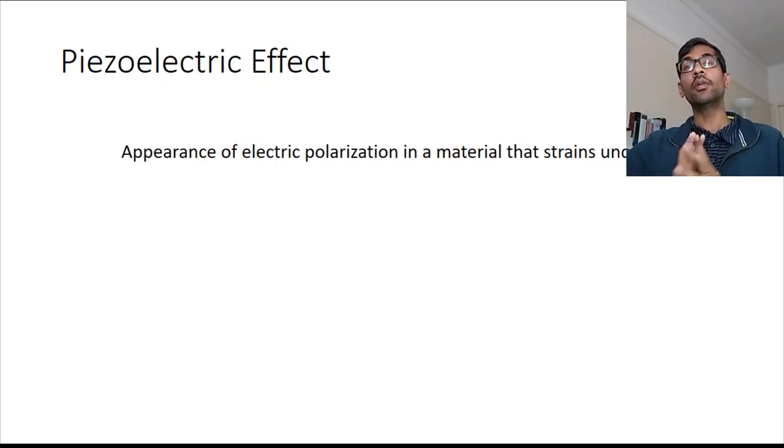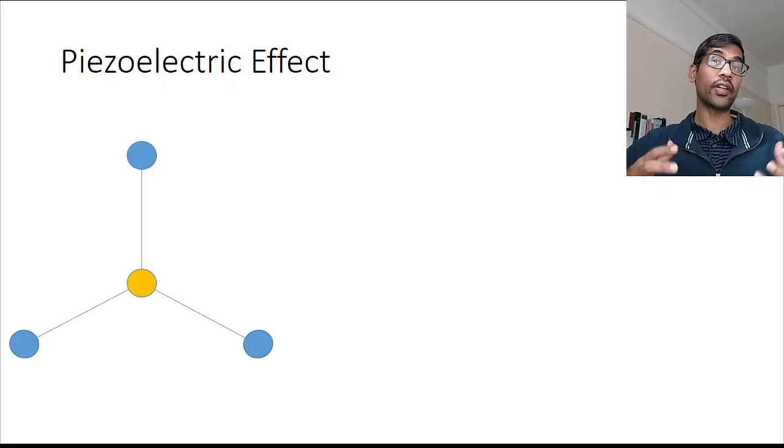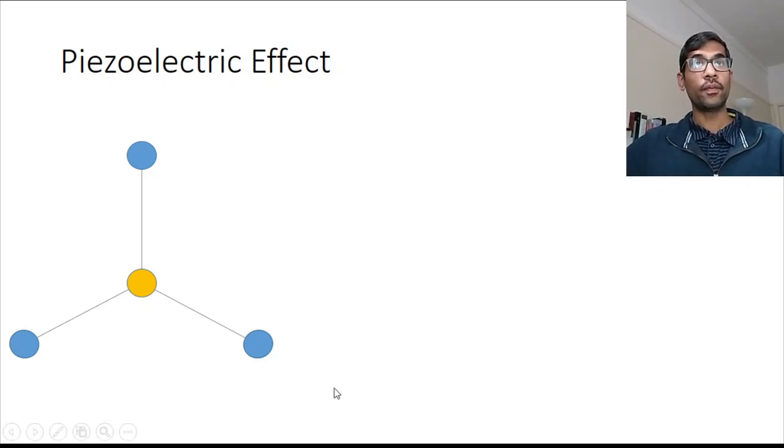Let's take a very simplified view as to how this can actually happen. Let's take a look at the crystal structure of a piezoelectric material. The structure is shown here.